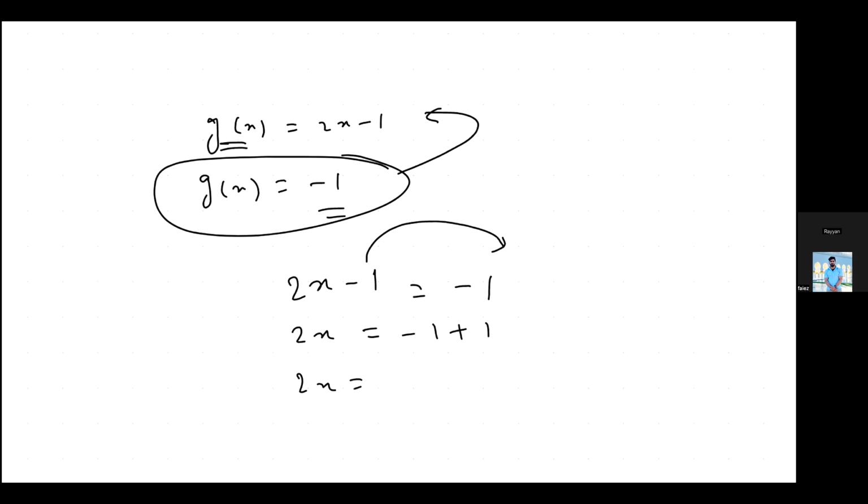Now you divide both sides by 2, or take 2 to this side, so that 2 in multiplication becomes division. So it will be 0 by 2, which gives x the value of 0. That is how you have to do this question. x equals 0.